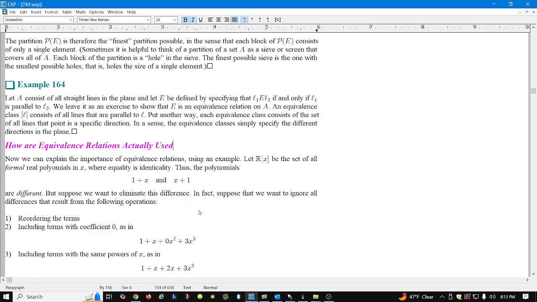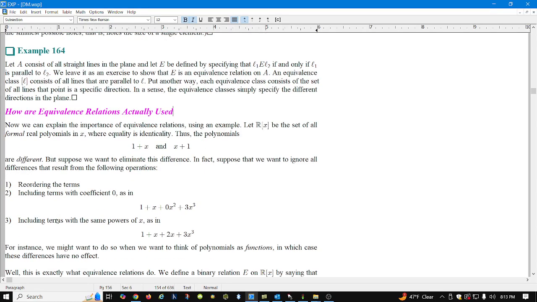But suppose we want to eliminate this difference. In fact, more generally, suppose we want to ignore all the differences in formal polynomials that occur from the following three operations. Reordering the terms.